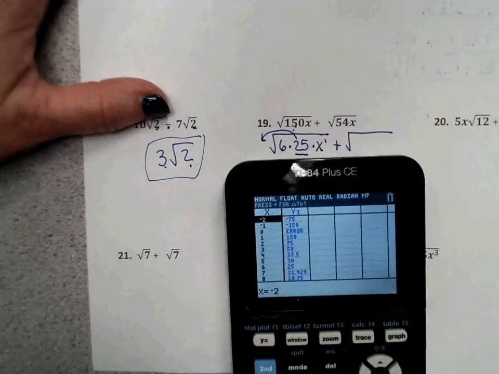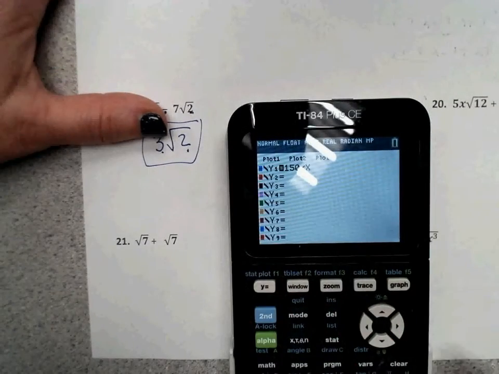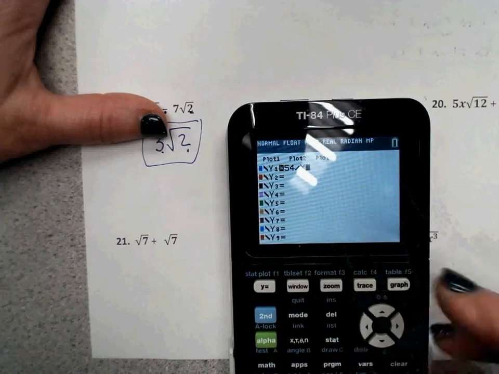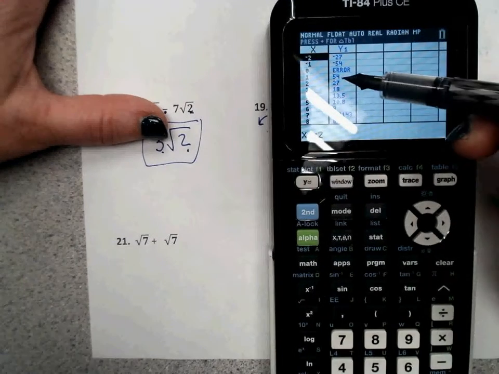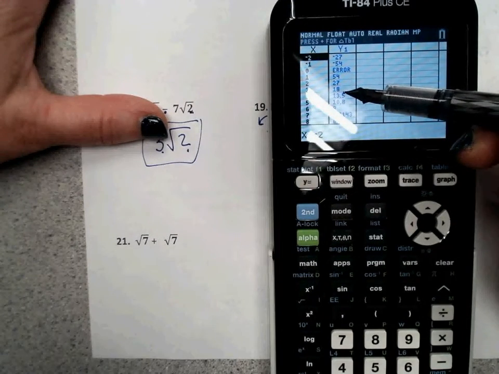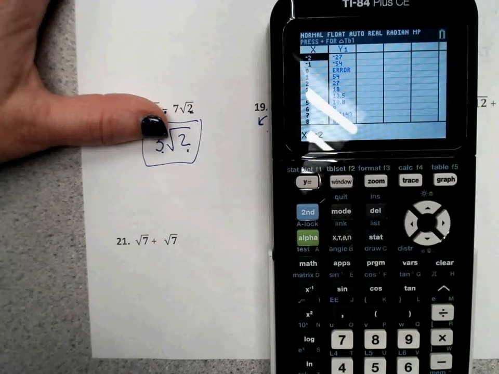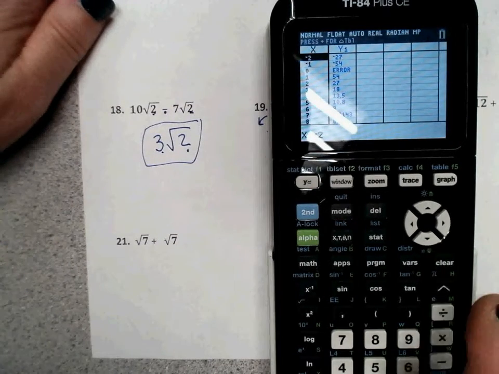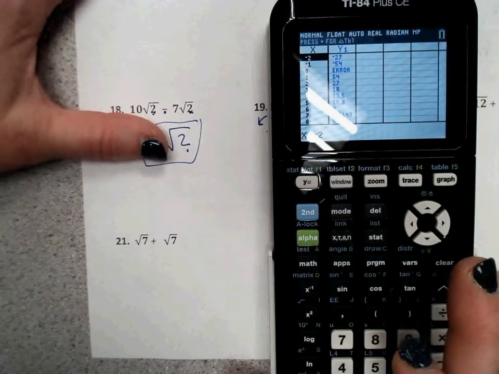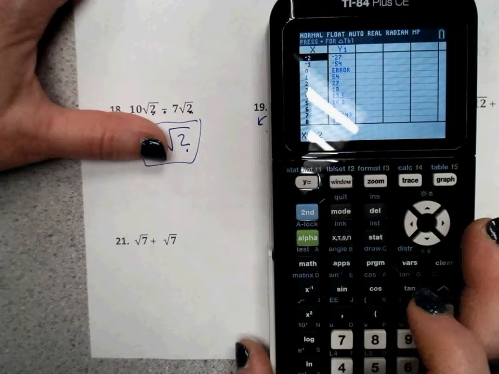Okay, I still need to do the same thing with the 54. So I need to decide what to break the 54 down into. You may already know, but in case you don't, if you just type in 54 divided by x under the y equals, and you go to your table, you can see it's 1 times 54, 2 times 27, 3 times 18, and 6 times 9.